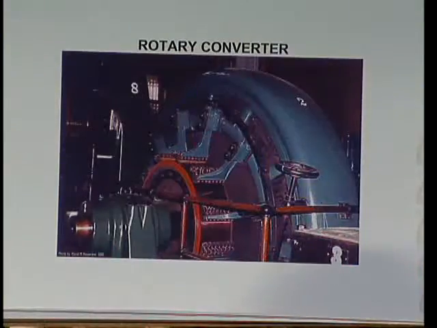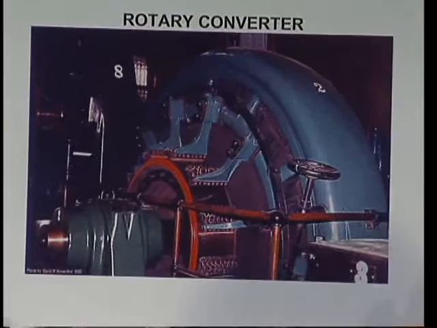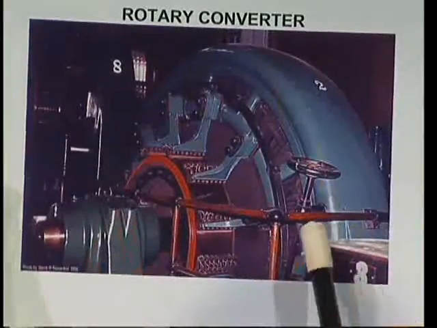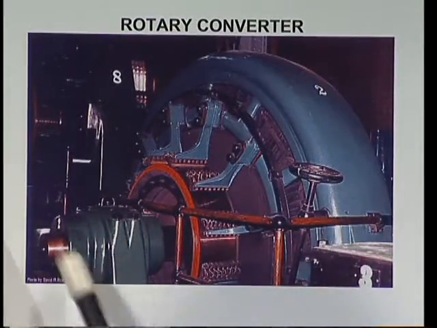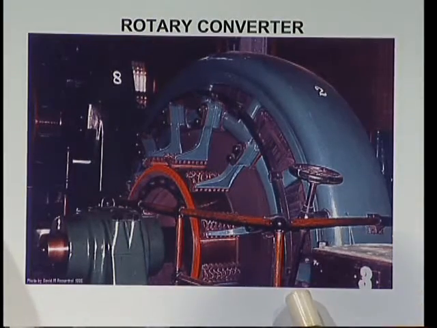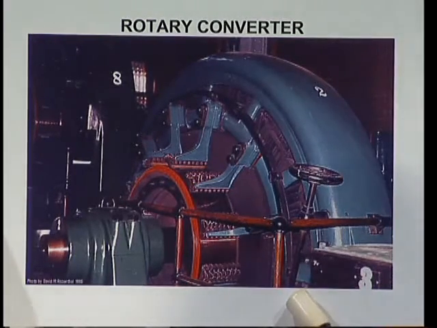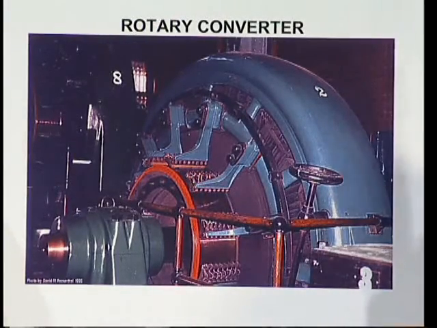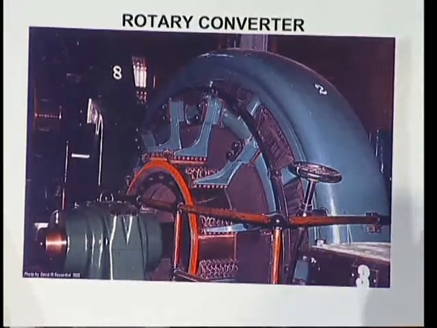The overhead conductors receive power from substations. The substations receive three-phase power which is converted into DC by using rotary converters. This is the diagram of a rotary converter which converts the three-phase system to the DC system.